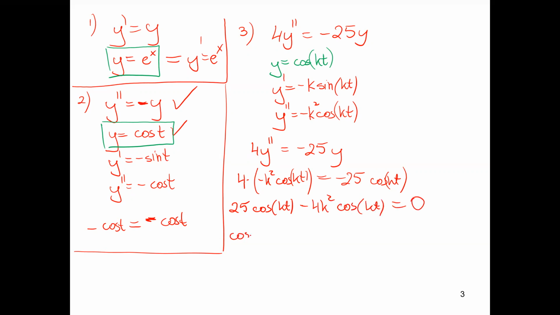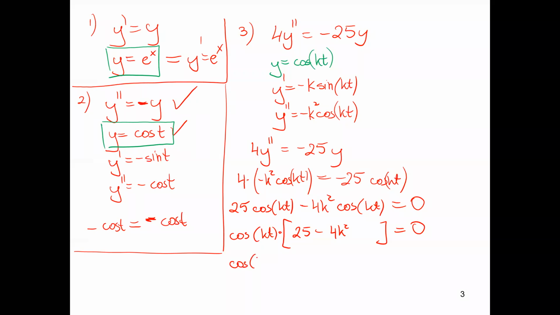Let's factor out cosine of kt. Then we will have cosine of kt times 25 minus 4k squared. And the zero product property will tell me that either cosine of kt is 0, then the whole equation is 0, or 25 minus 4k squared equals 0.